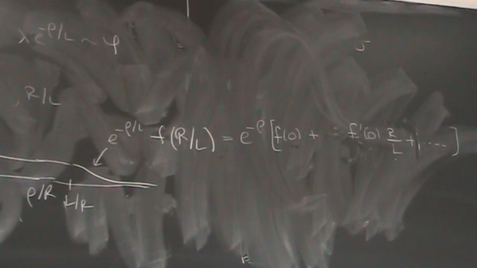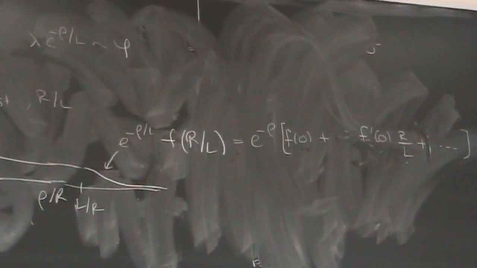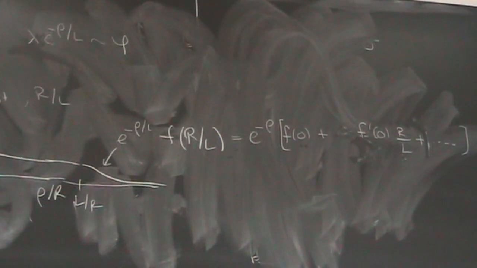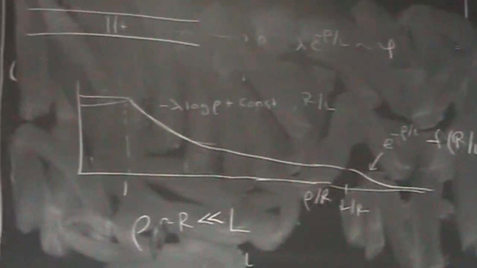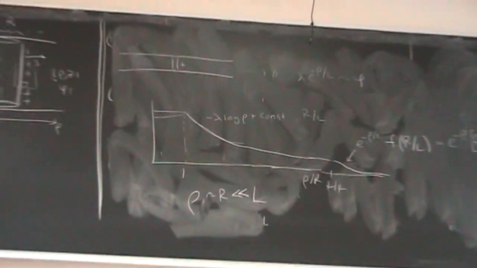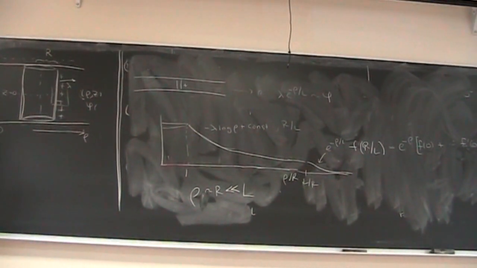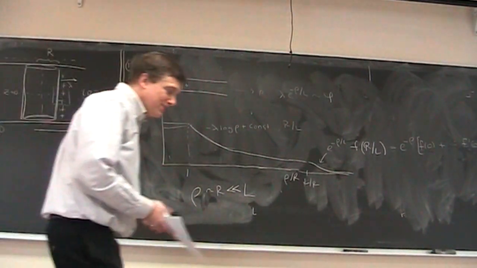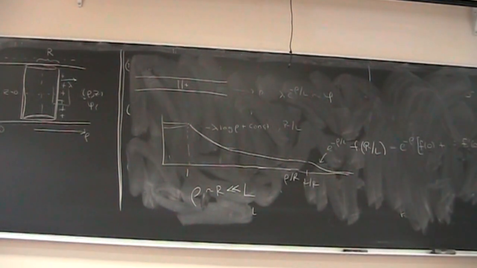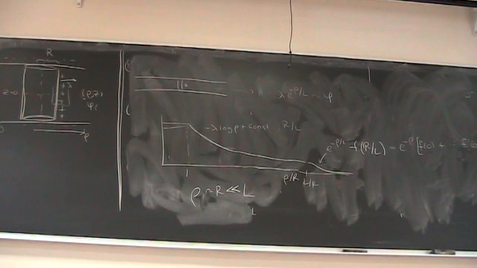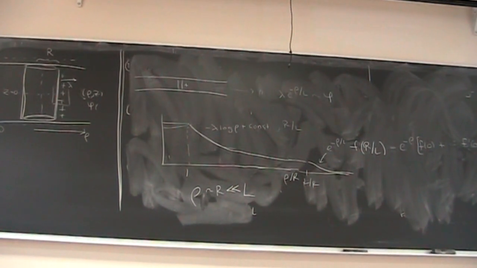That would be a non-analytic function of R over L. So you have to somehow justify why you would expect a non-analytic function of R over L. You would have to have some physical reason. What about the unphysical limit where R goes to 0? I might expect a non-analytic solution.